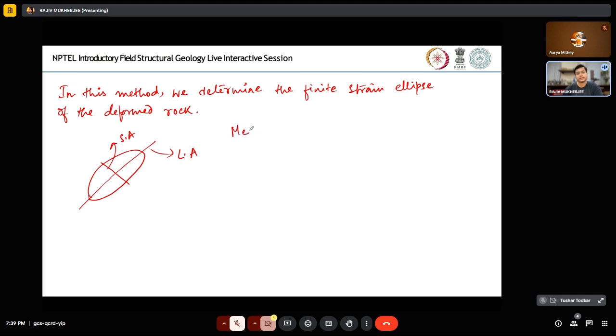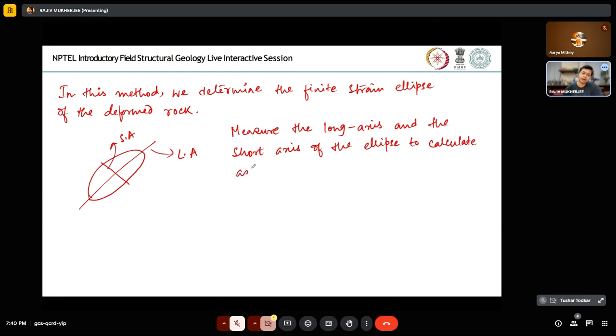So measure the long axis and the short axis of the ellipse, and calculate the aspect ratio.